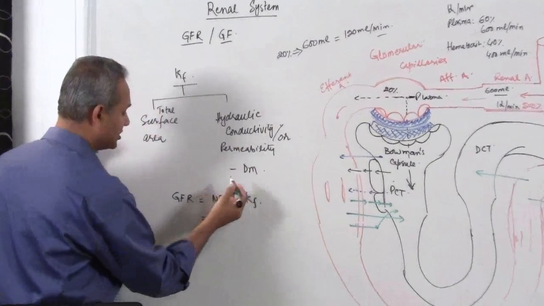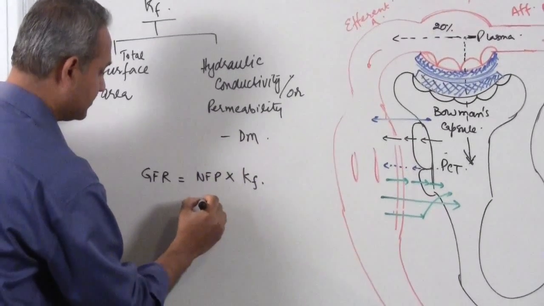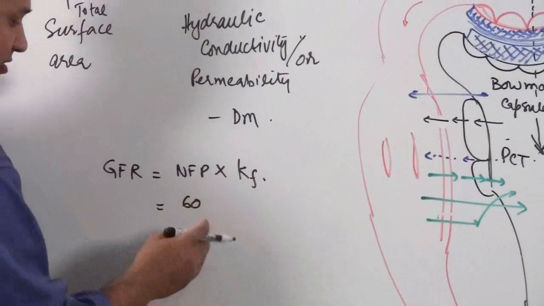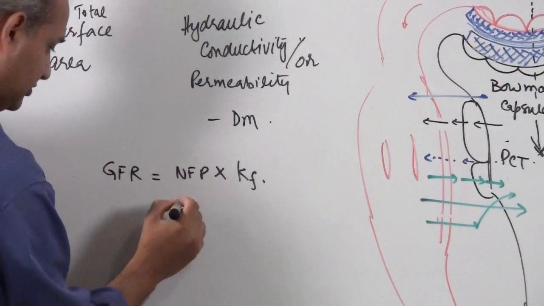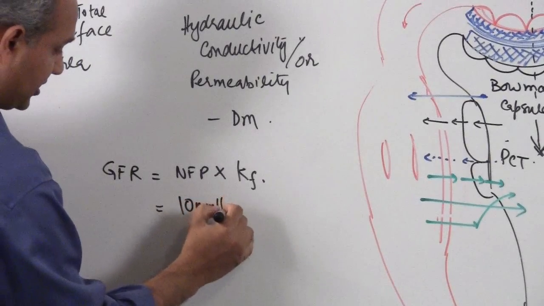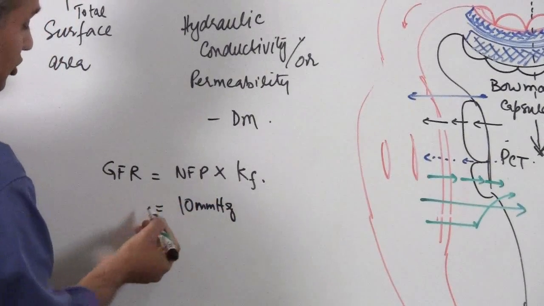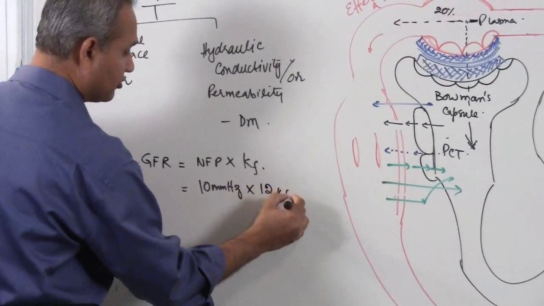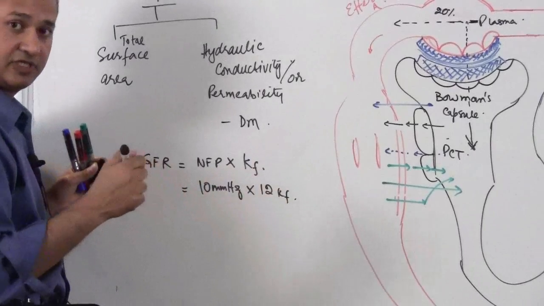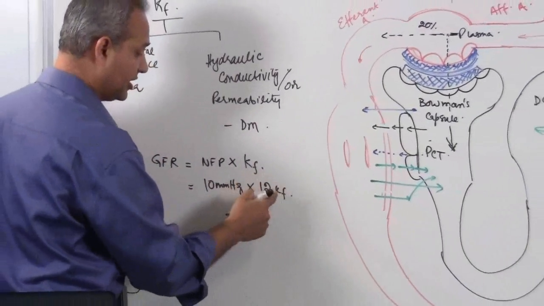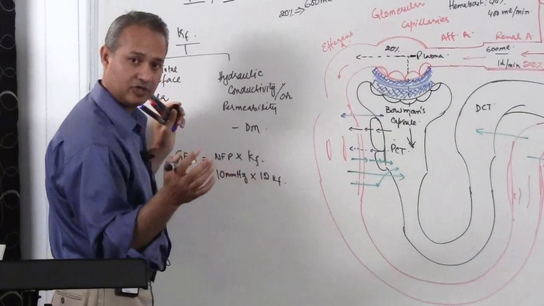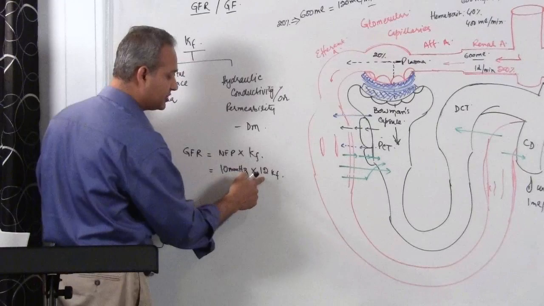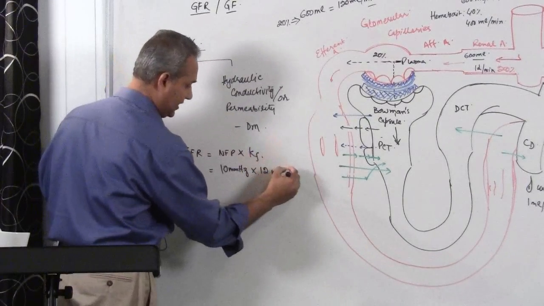So let's say the net filtration pressure, I'm just making up a number, normally is about 10 millimeter of mercury, and GFR normally is 120 milliliter per minute, so that means about 12 will be the coefficient. We'll talk about how to calculate the coefficient in a minute. This is for the whole kidney, and the whole kidney is about 300 grams. So 10 millimeter of mercury and the coefficient is 12, so that makes 120, right?